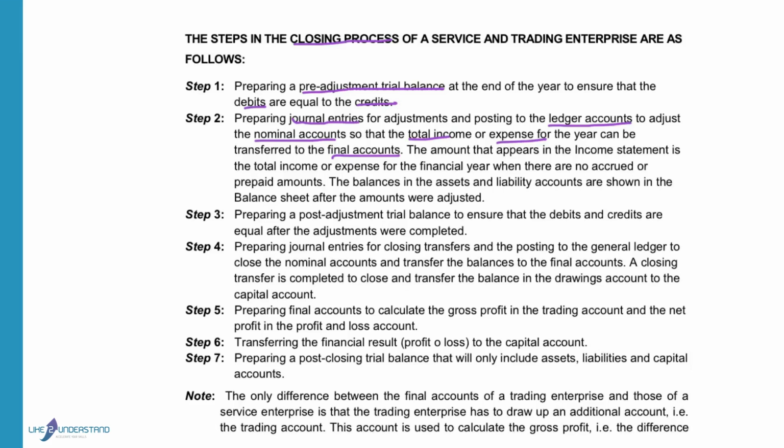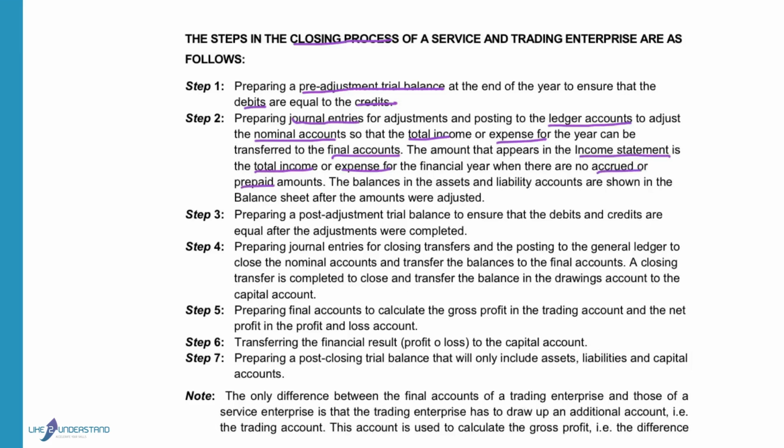So the amount in your final accounts is the income and expenses if there is no accrued and no prepaid amounts. This amount that appears in the final accounts will be used to draw up the income statement so that you can prepare your total income and total expenses for the financial year after you've taken the accrued and prepaid amounts into account.